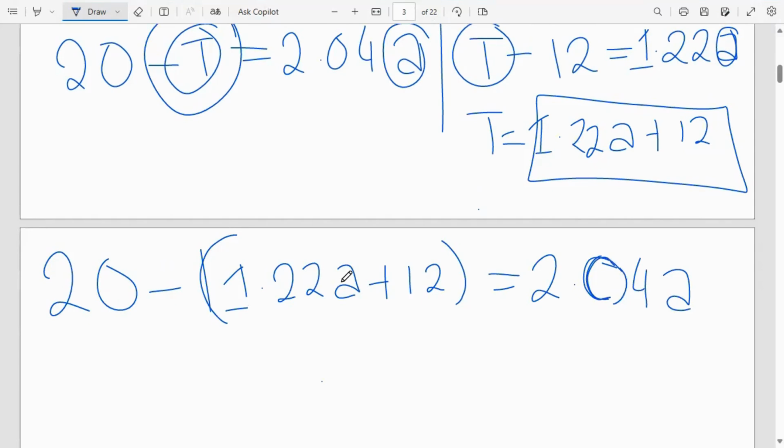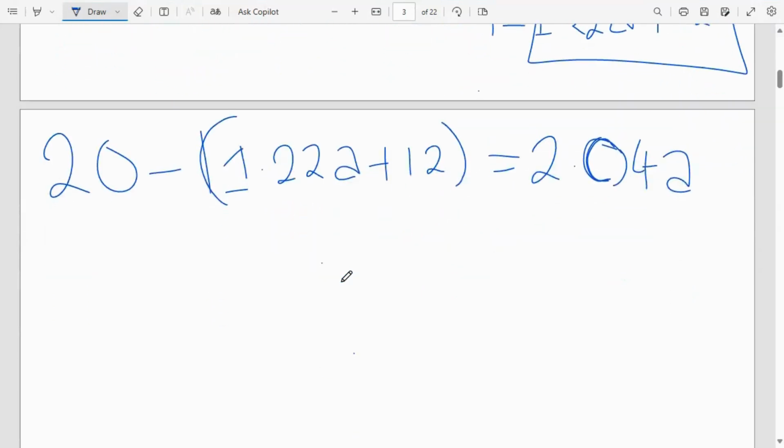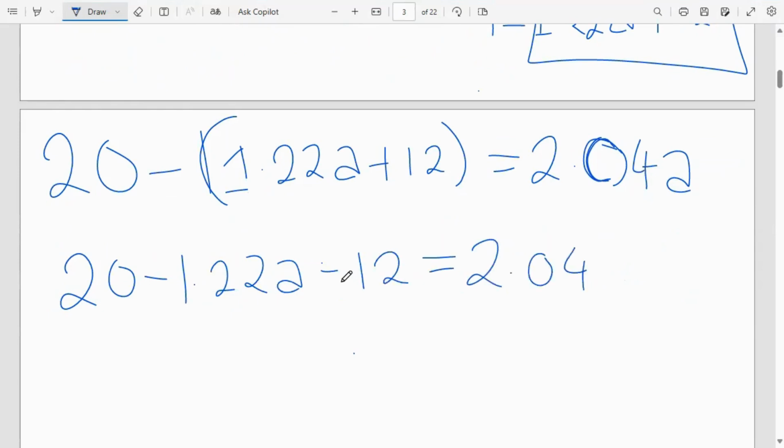So I have 20 minus 1.22A minus 12 equal to 2.04A.